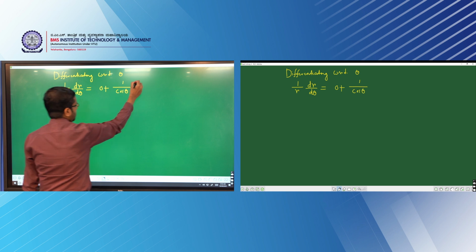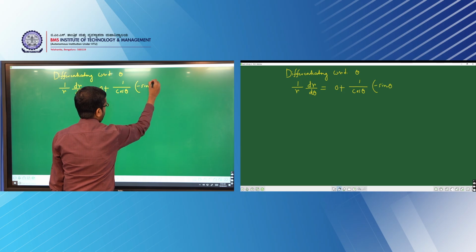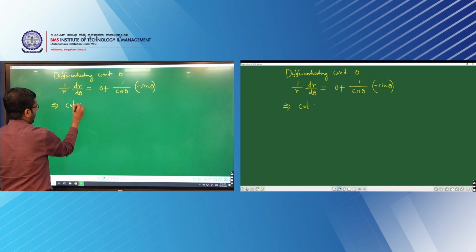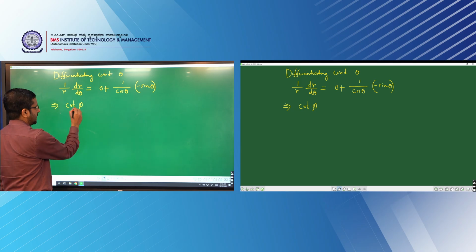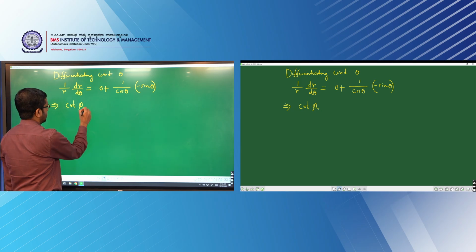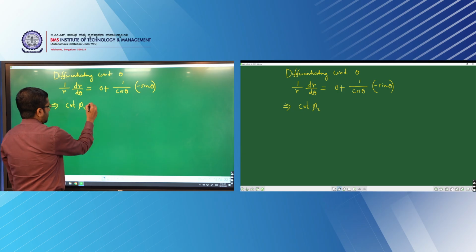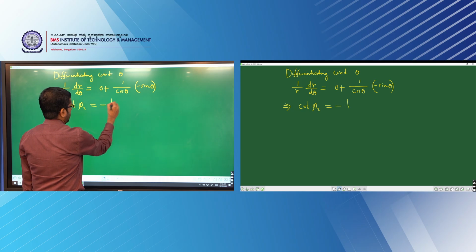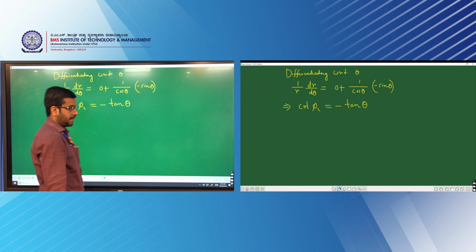Now, the differentiation of cos theta is minus of sin theta. So, what will I get? This one I can write as cot phi, but here I told that we can give a name to the angle. The first angle we have named phi 1. So, here I am giving phi 2. These are only notations, phi 1, phi 2. So, this one will come minus of sin theta by cos theta. So, that means minus of tan theta. This is coming minus of tan theta.